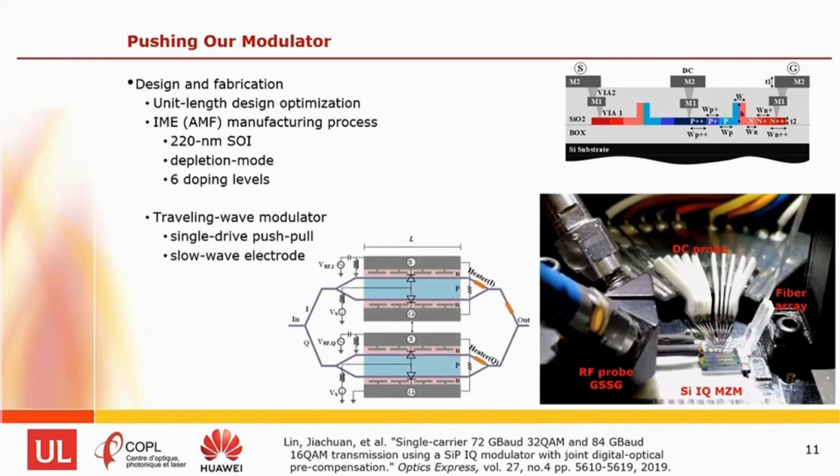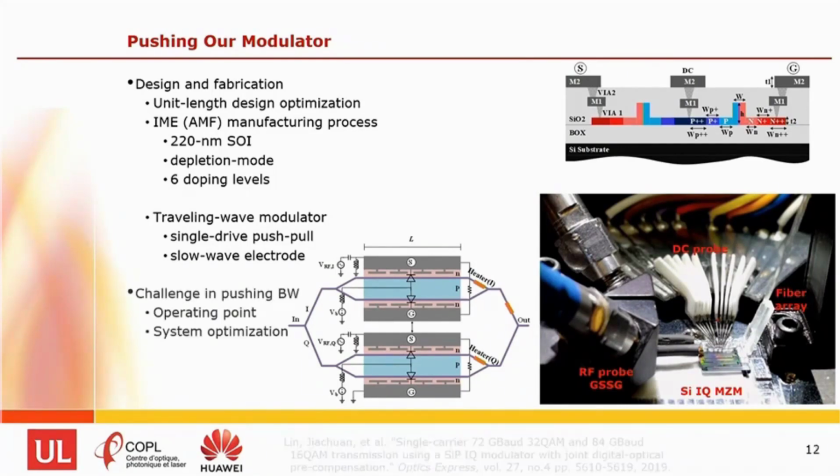It is a traveling wave modulator. We use a single drive push-pull configuration, and there was a slow wave electrode designed into it. I show you on the right a photo of the experimental setup, the physical setup, so that you have an idea of what was involved in the experimental results I'll be showing you.